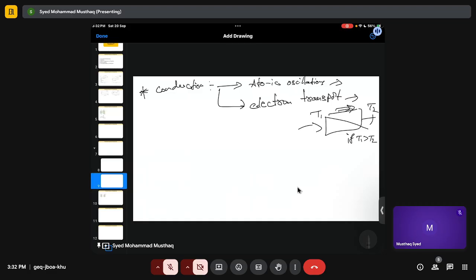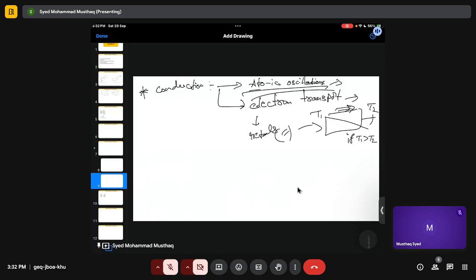Electron transport mostly happens in metals. You even have atomic oscillations in metals also, but the electron heat energy transport is so dominant that you can just neglect the atomic oscillations. So why in metals?